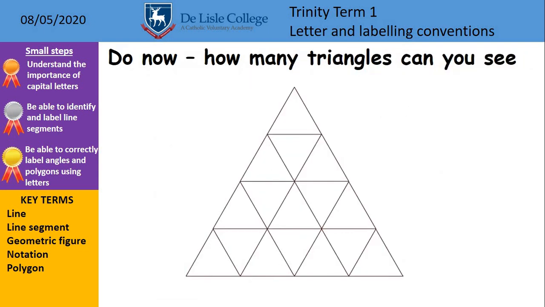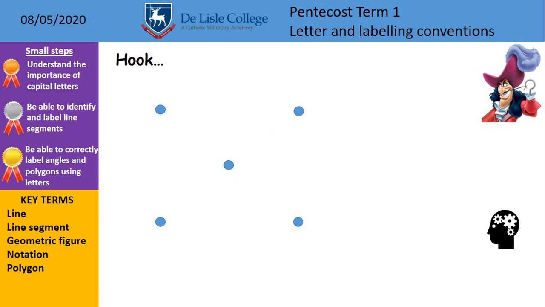And part 2, how many triangles can you see? I believe, and by all means correct me if I'm wrong, I think there are 29 triangles that can be made in total there.